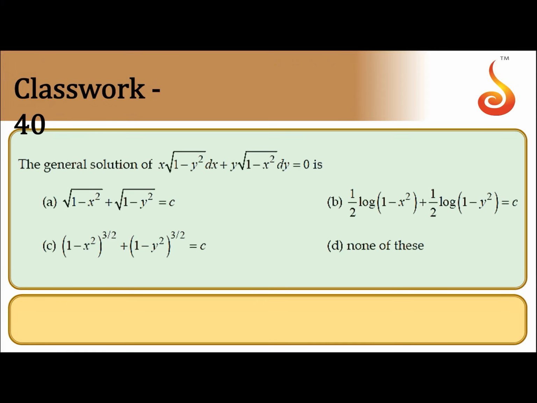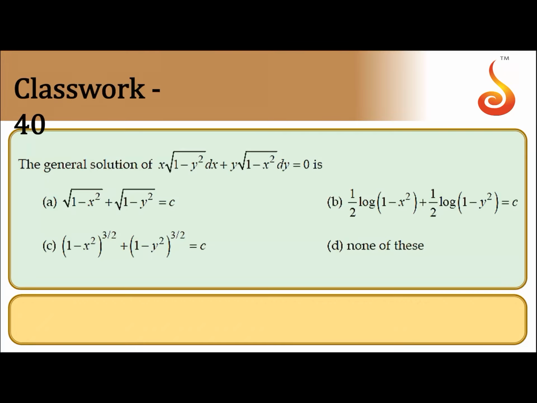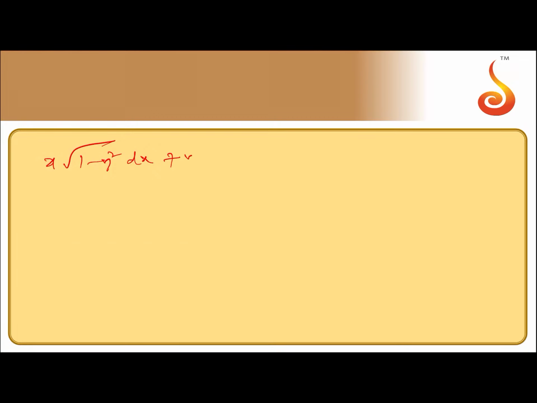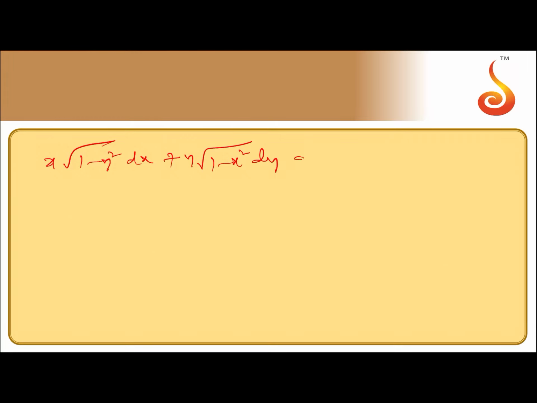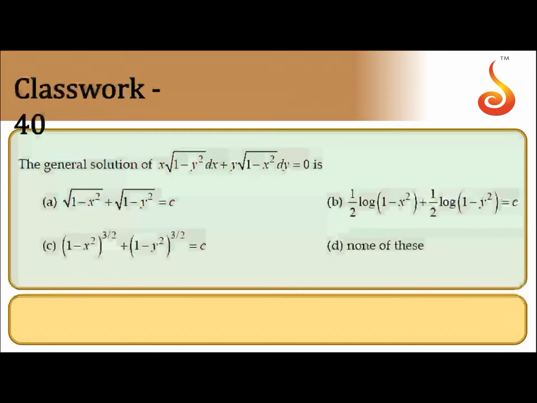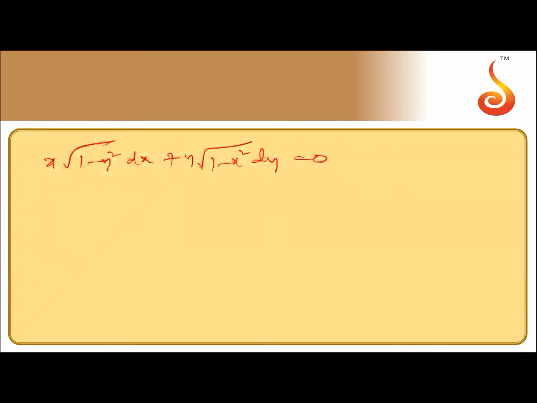Coming to the next one, the general solution of x root of 1 minus y square dx plus y root of 1 minus x square dy is equals to 0. Of course, verification is difficult, so better we solve the differential equation here.